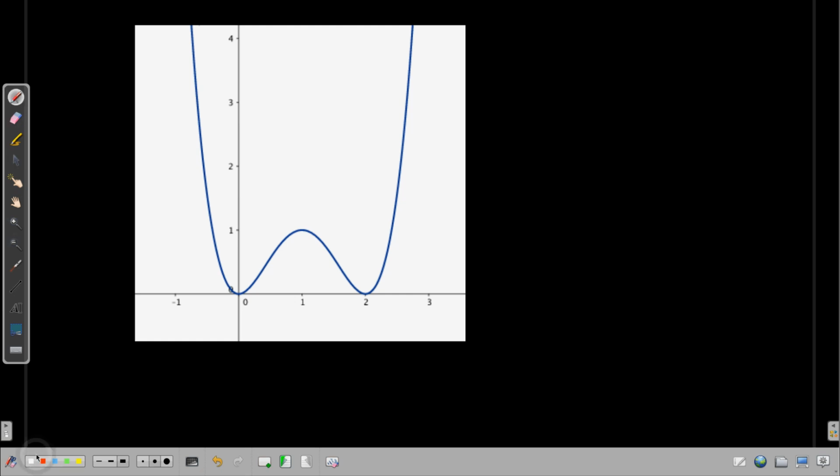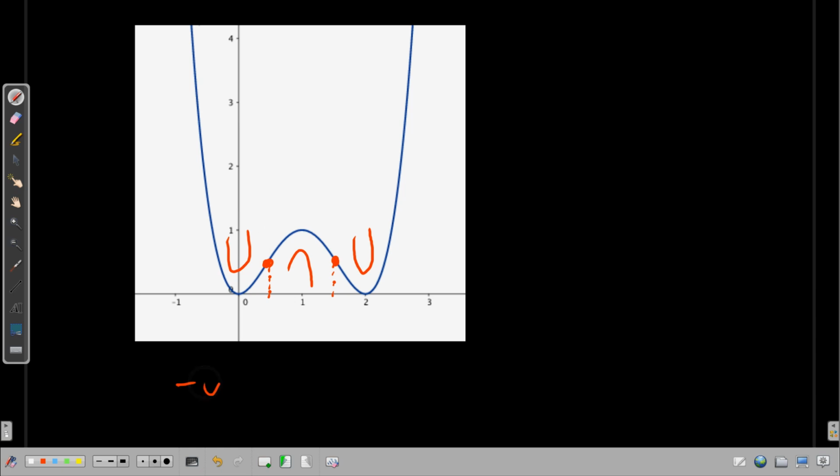So you have an inflection point here and here, because in between these dashed lines it's concave down, but on either side, it's concave up.